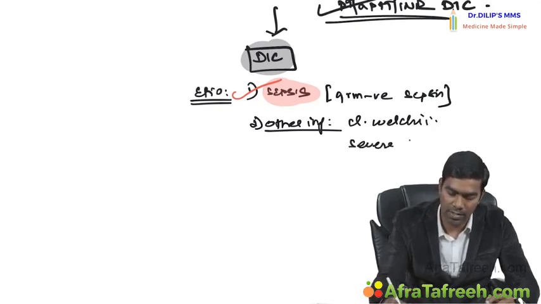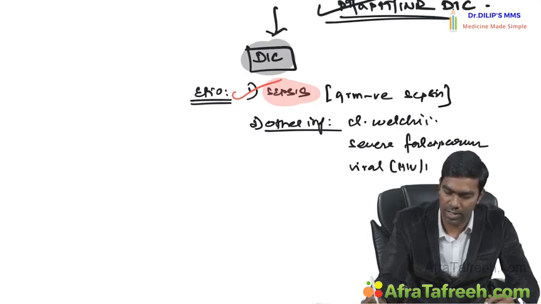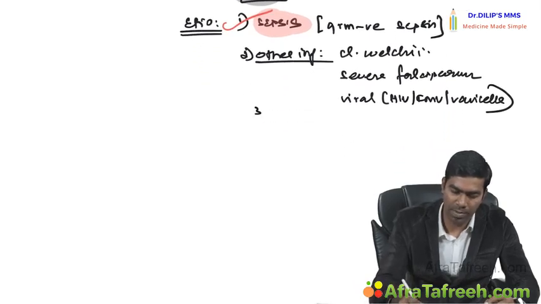And you can get it with severe falciparum malaria, and you can get it with certain viral infections like HIV, CMV, varicella virus, and all these things. Apart from that, a lot of malignancies can cause DIC.